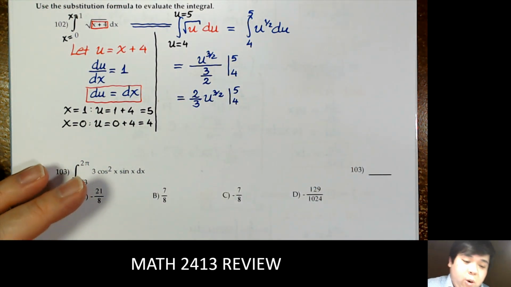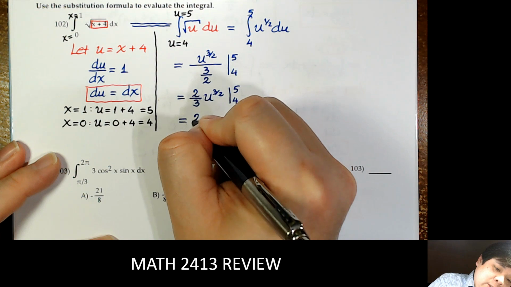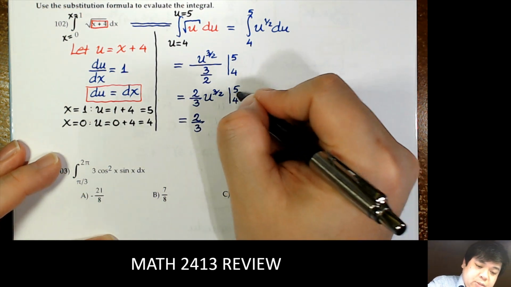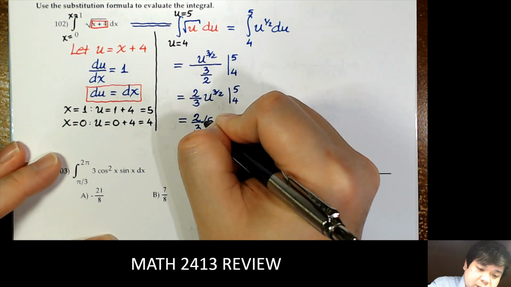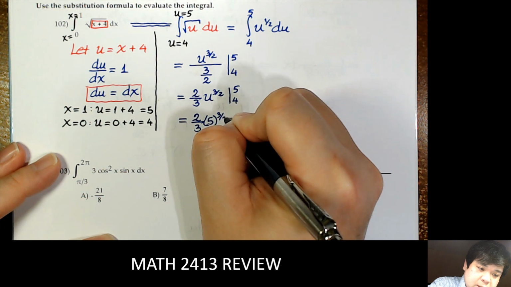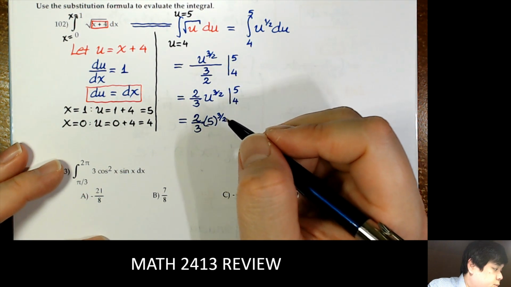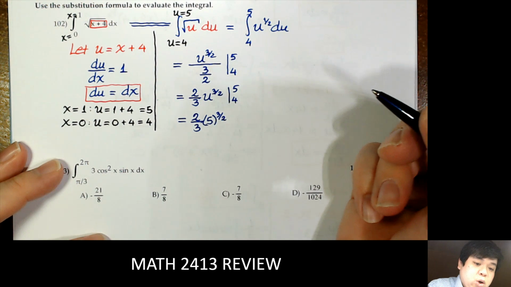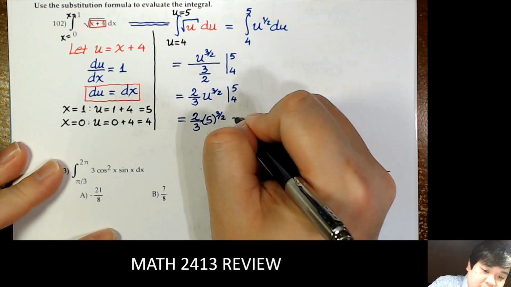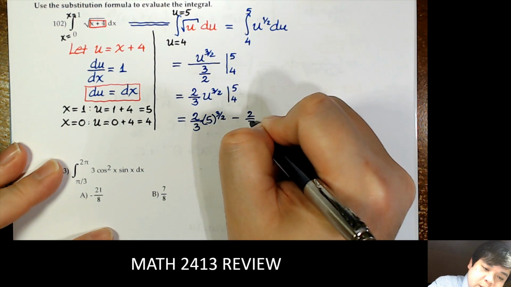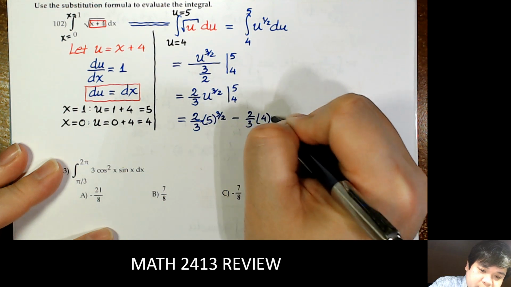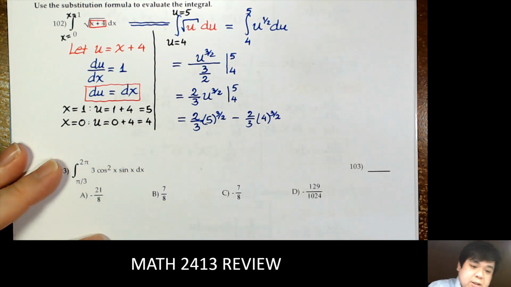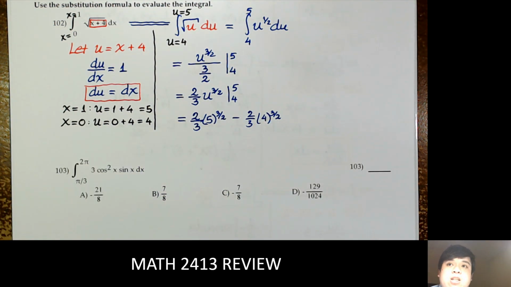And then we're going to put 5 into it, substitute the upper limit, minus 4 put in, that we cannot do anything. And then 2/3, put in 4 to the 3/2. Right. We can stop there.